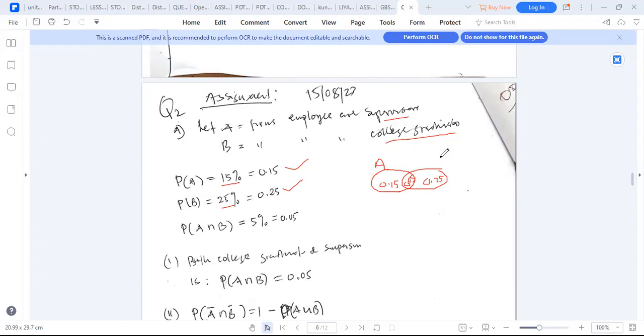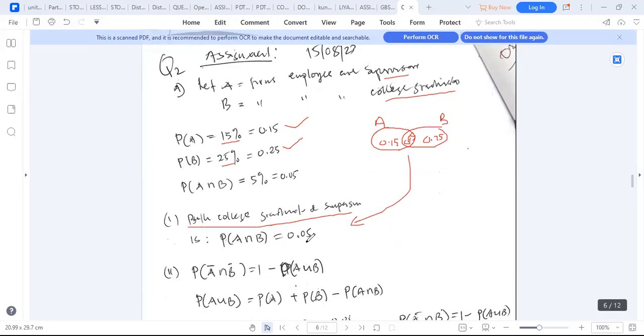So what is the probability of having both? This one is already given: A intersection B, for having both supervisors and college graduates, is 5%. That is the intersection we are talking about.